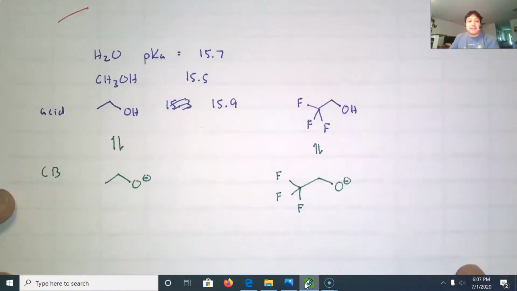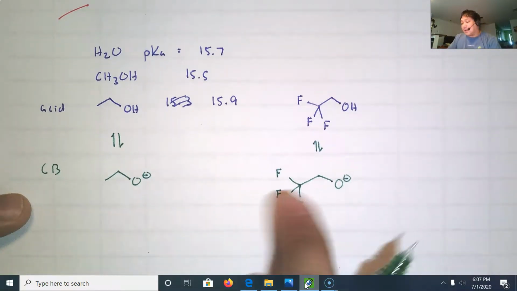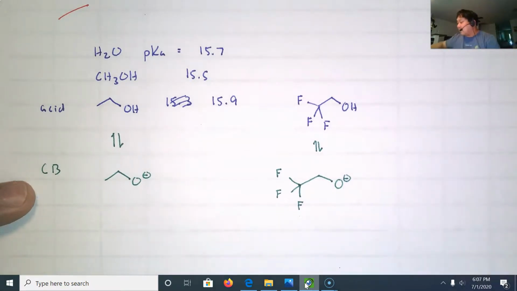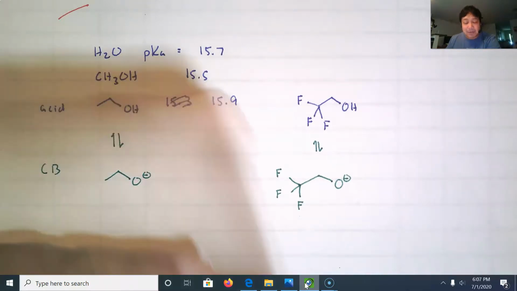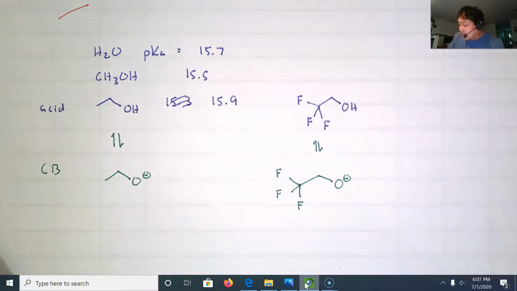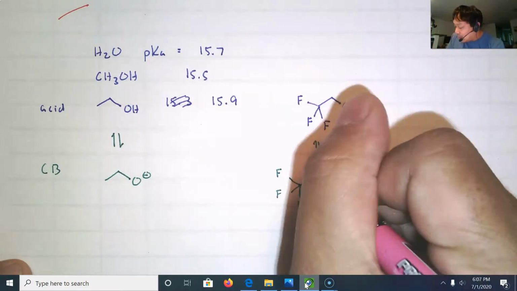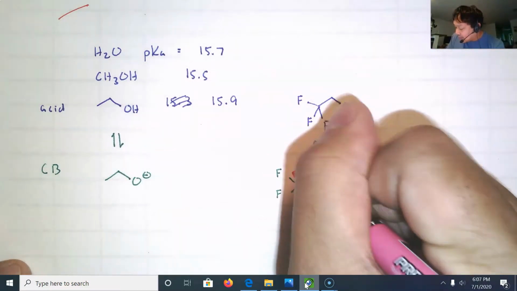Okay, the 2 conjugate bases look very similar. Again, I replaced 3 of the hydrogens with fluorine. Fluorine is actually the most electronegative atom. Oxygen is the second most, fluorine is the most, and even if it's a little bit distant from the oxygen, it will pull electron density towards it.